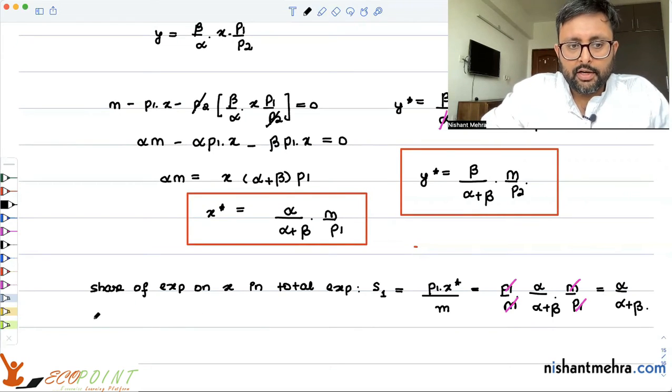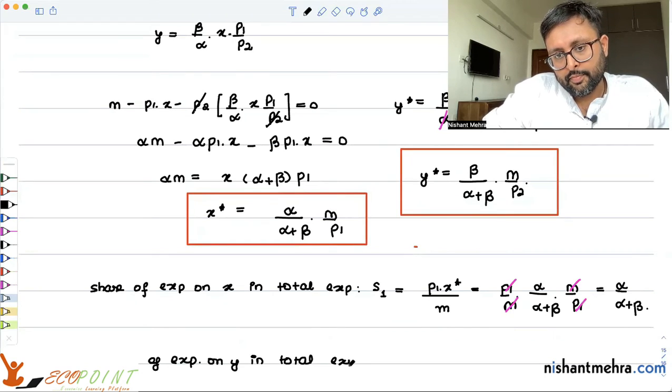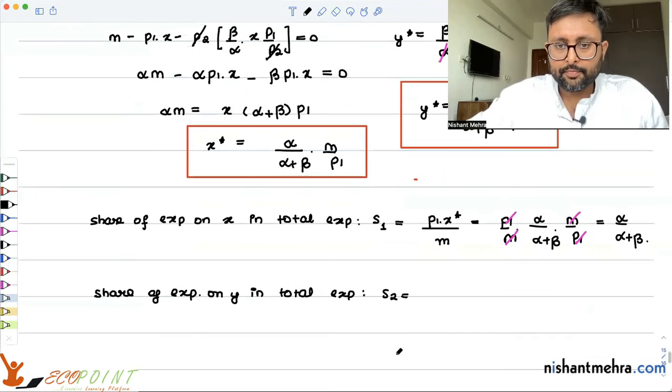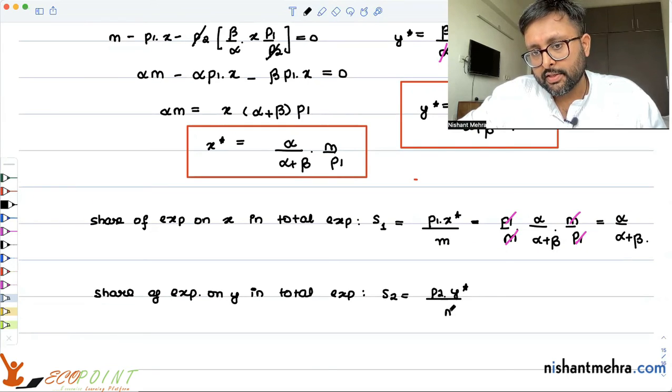Right? Similarly, the share of expenditure on Y in total expenditure is going to be P2 Y star upon M. So P2 upon M. What is Y star?